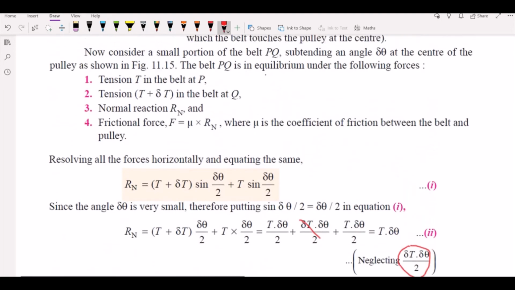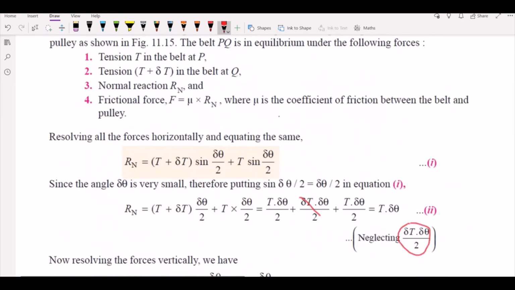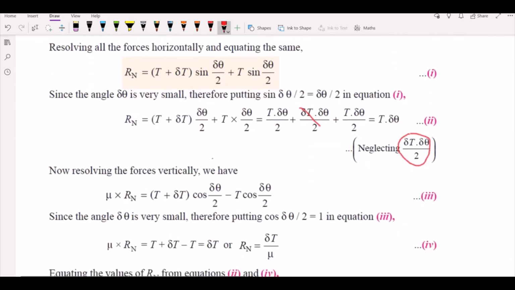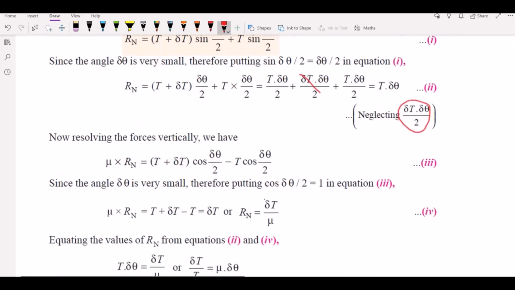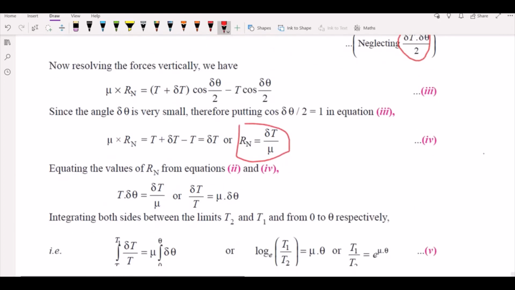Previously the horizontal one we took as a summation of both, and the vertical one we take as a difference. That is cos. Again by simply substituting, putting cos del theta by 2 as 1 because it is very small, I got this normal force Rn as del T by mu. Take this as equation 3, and this as equation 4.